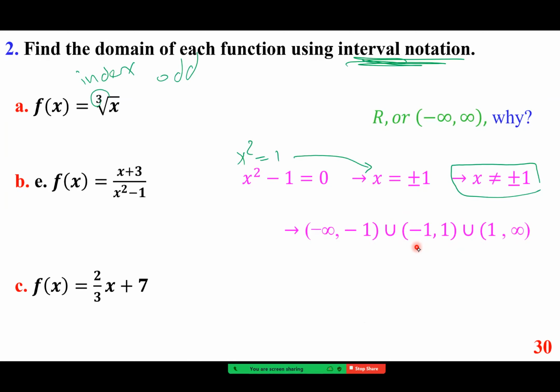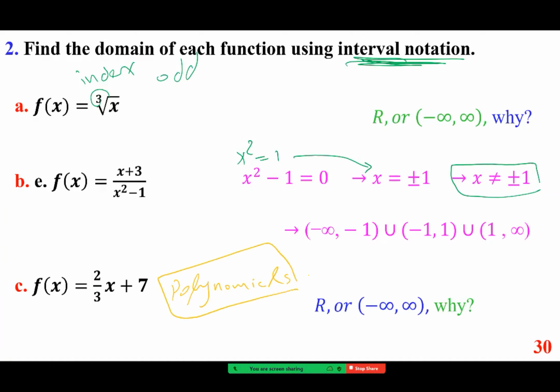Finally, this one is a linear function, and the domain is all real numbers. Remember, for all polynomials the domain is all real numbers. This is a polynomial of degree 1, or a linear function.